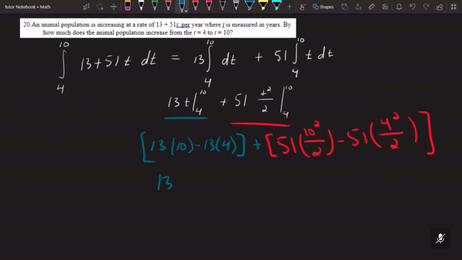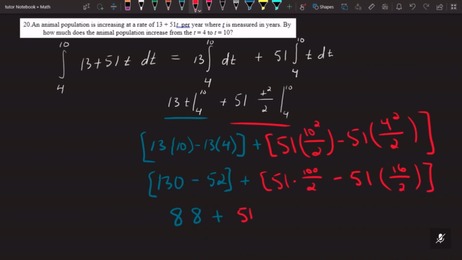Thirteen times 10 is 130. 13 times 4 is 52. Ten squared is 100, and 4 squared is 16.